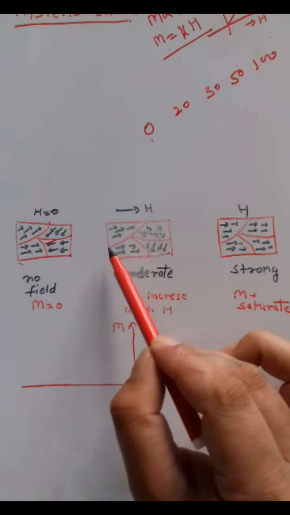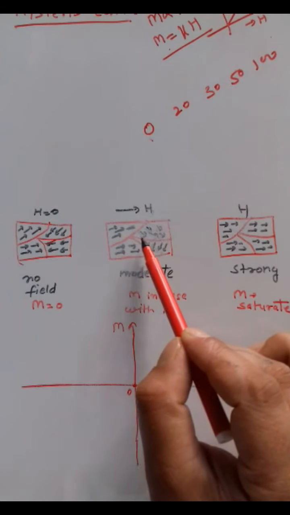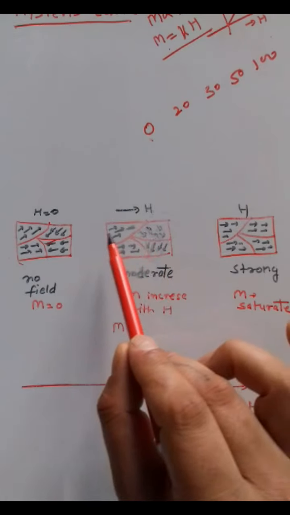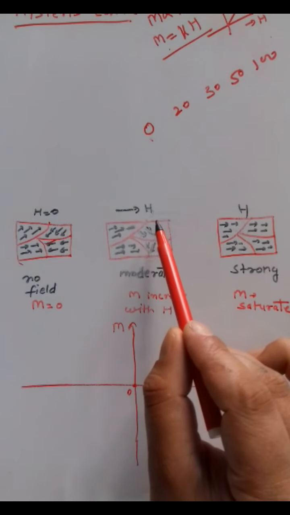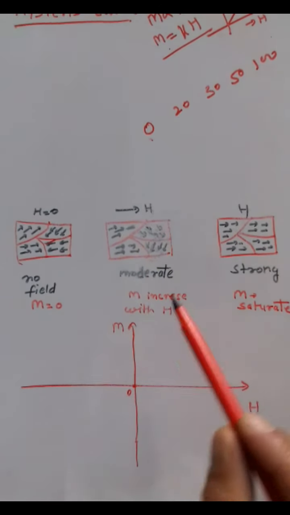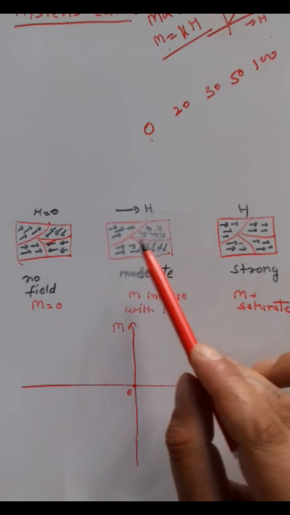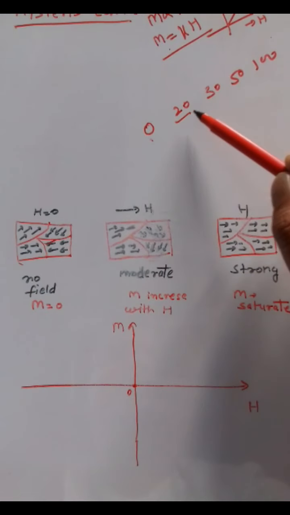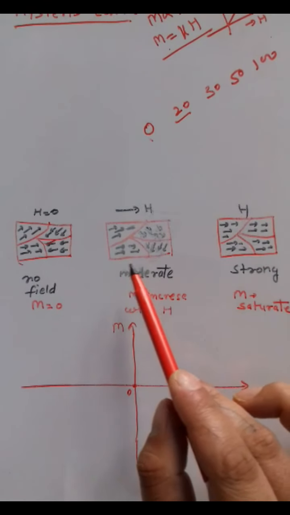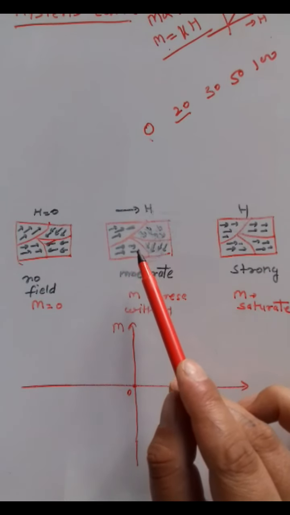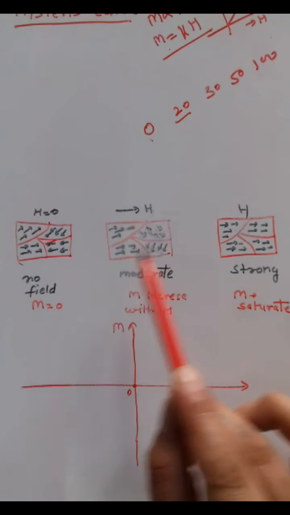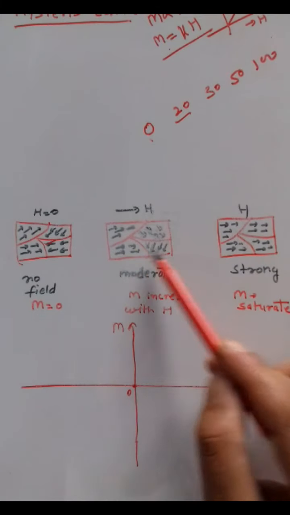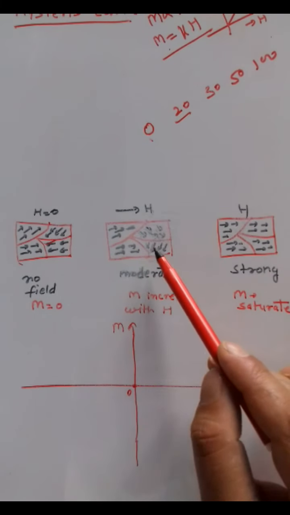So these atomic dipoles in a particular domain will try to align themselves in the direction of external field. It is not possible in a low field like 20 unit that all the magnetic moments align themselves to the direction of external field, but they try to align themselves in the direction of external field.